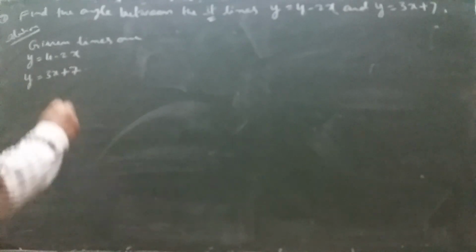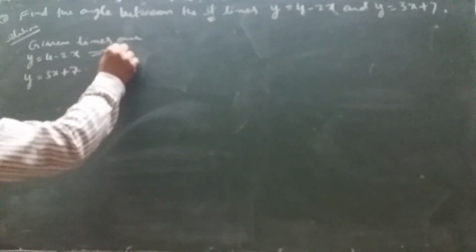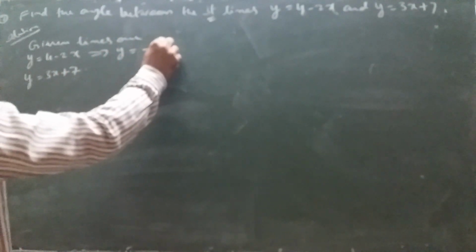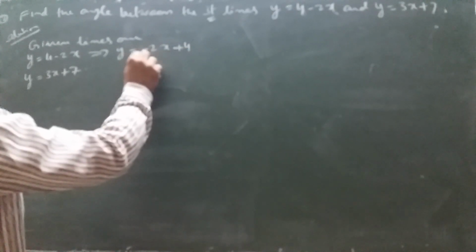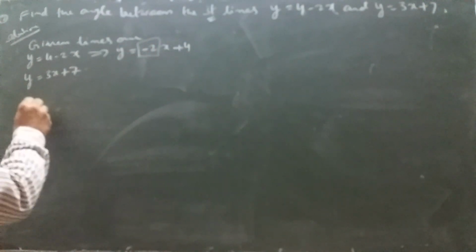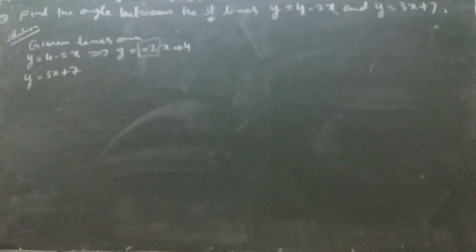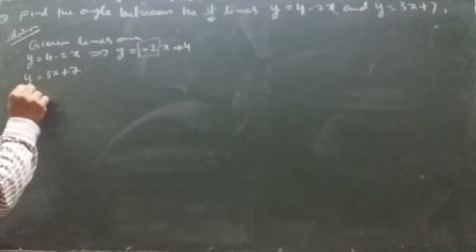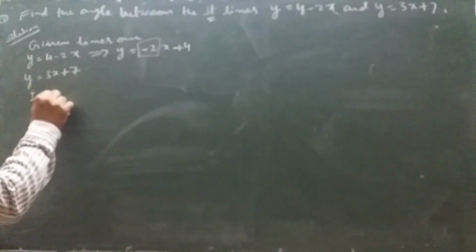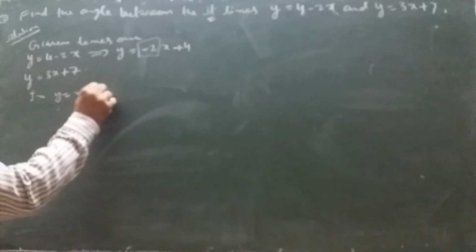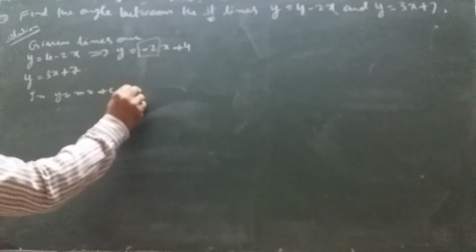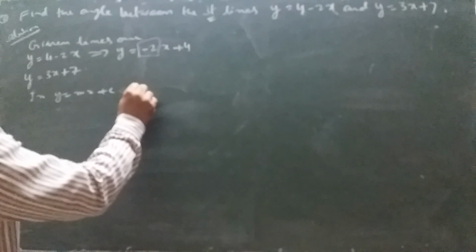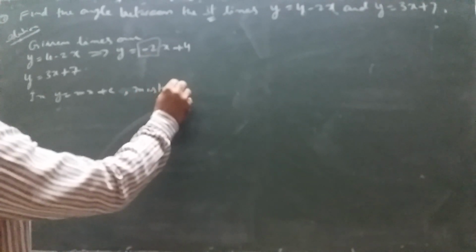Now that can be written as y is equal to minus 2x plus 4. Given lines are in the form of y is equal to mx plus c. In y is equal to mx plus c, m is the slope.